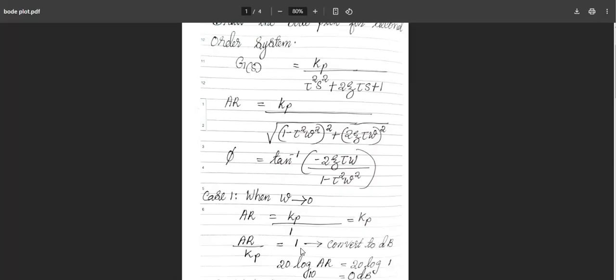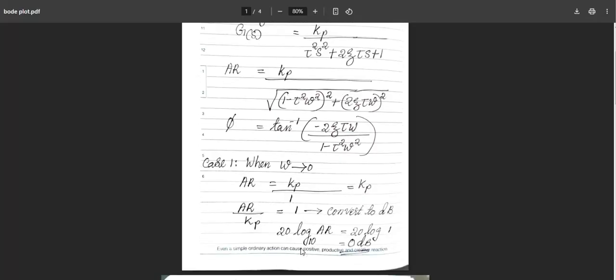In order to convert this value into decibel, you have to take 20 log AR. Here, instead of the amplitude ratio, we are getting the value 1, so 20 log 1 becomes 0. So the value 1 in decibel is 0 decibel.